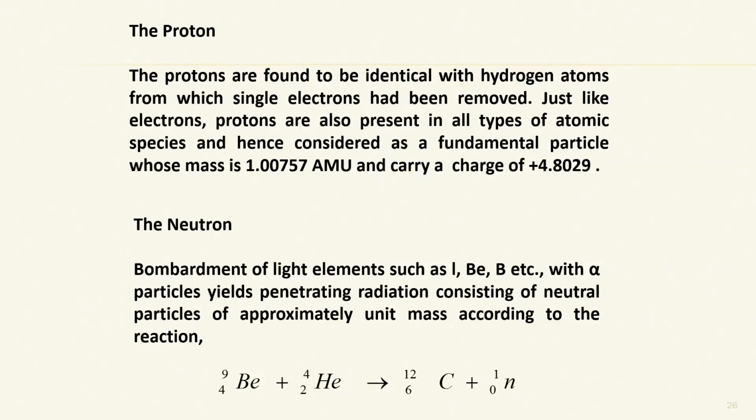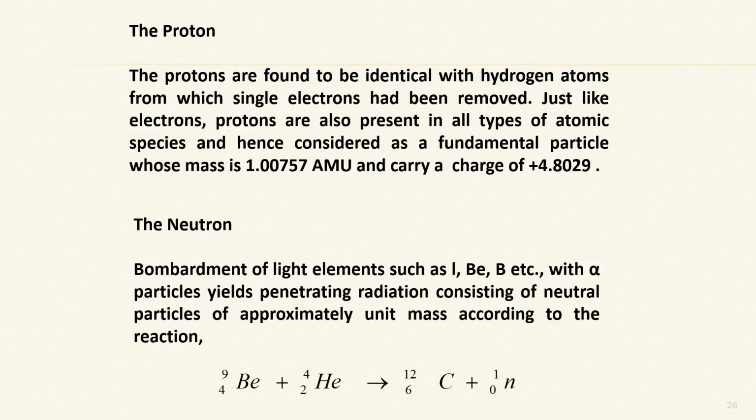Okay. Then there were other particles that were found out, and one is the neutron. So, the bombardment of light elements such as beryllium, boron, etc., with alpha particles yields penetrating radiation consisting of neutron particles. The approximate mass is according to the reaction. Here I have written the nuclear reaction, 4 charge, 9 mass.